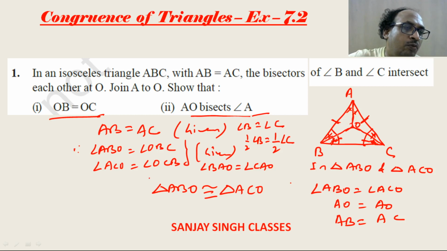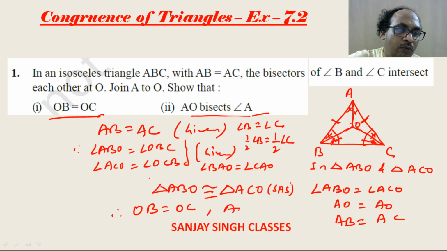this angle AOB is equal to angle ACB. We cannot use it now at present. Okay, so SAS rule we can put it, two sides and one angle. So SAS rule we can put it, and therefore OB will become equal to OC. Okay, and also AO.